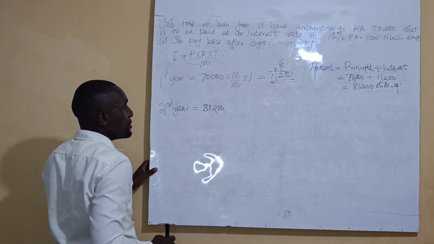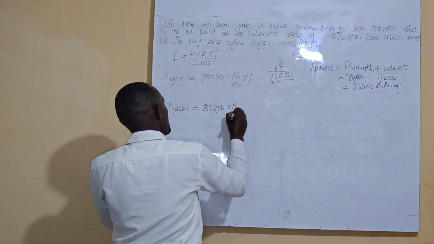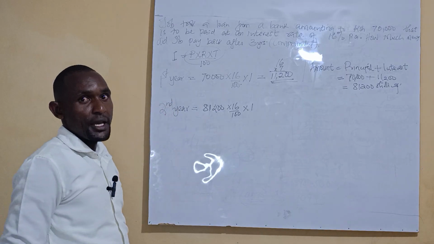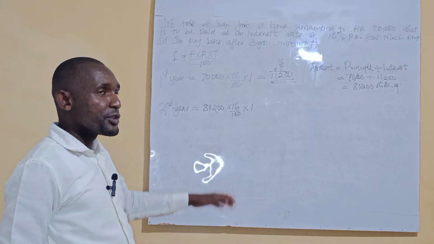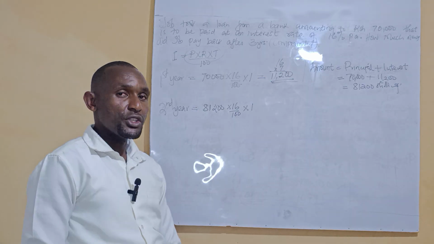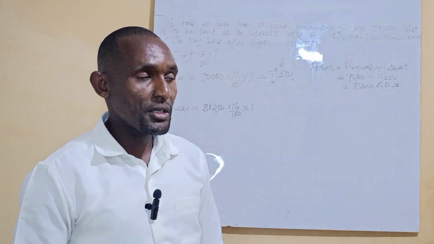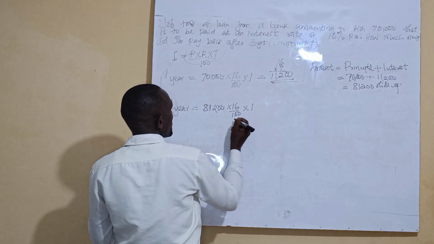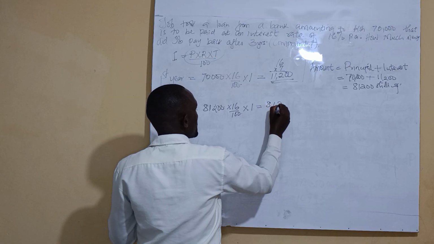81,200 is going to be my new principal times the same rate, which is 16%, multiplied by the second year. So it is going to be worked out like that. The principal will change, and if it changes, it means that the interest will also increase. Now, we simplify this. You have 2 zeros here, we have 2 zeros here, so it is going to be 812.